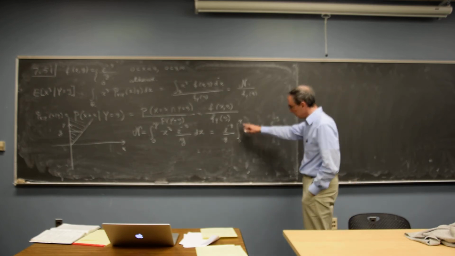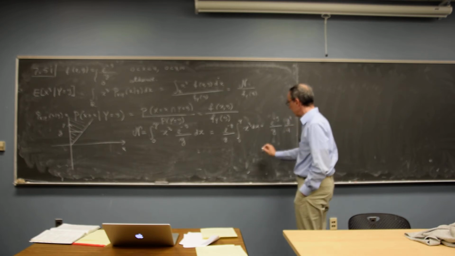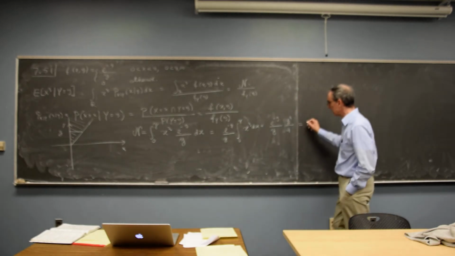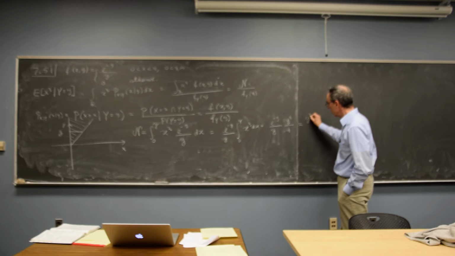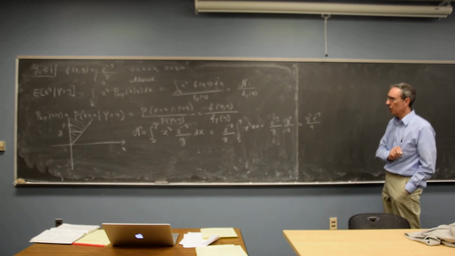So it's y to the 4 divided by 4. This simplifies and becomes just y cubed e to the minus y divided by 4. That's the numerator.